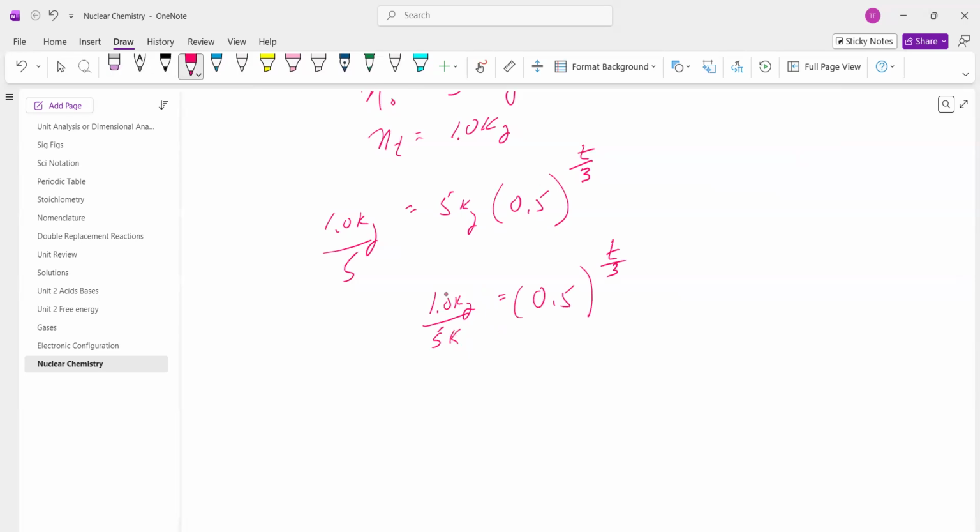Okay, so now we're left with this. Now what are we going to do? So we can simplify this. 1/5 is 0.2. 20%, one is 20% of 5. Okay.